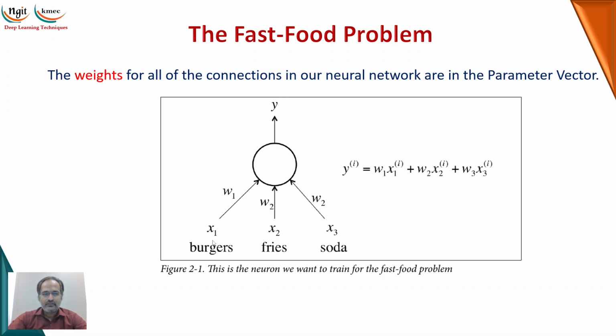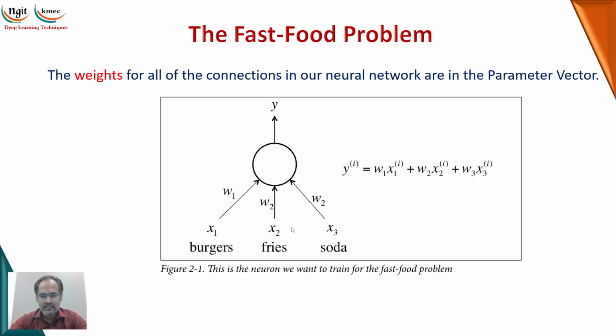For that we can provide the input, that is x1, x2, x3. These are the three inputs, and my expected output is y, that is the cost of the particular food order. For every input we have to use some weight, called W1, W2, W3.